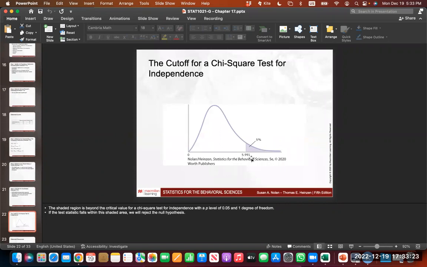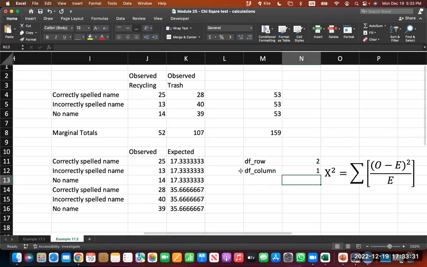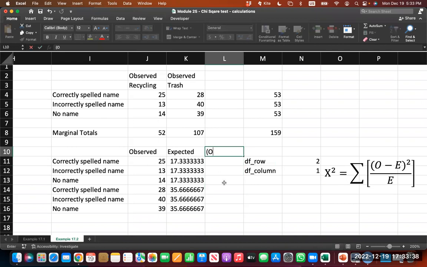So you have the chi-square distribution, and you have a critical value of 5.99. Now if we calculate the chi-squared in the same fashion we've done before, you basically calculate O minus E squared divided by expected, so observed minus expected squared divided by expected.